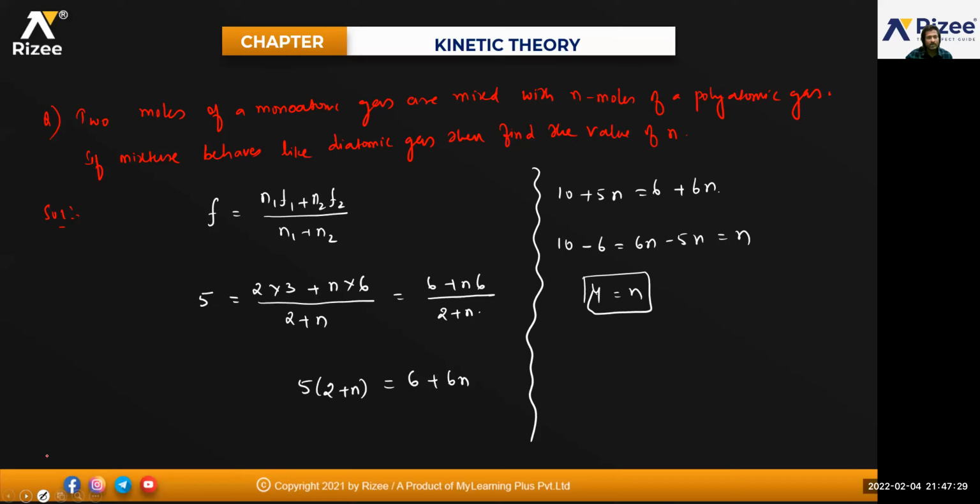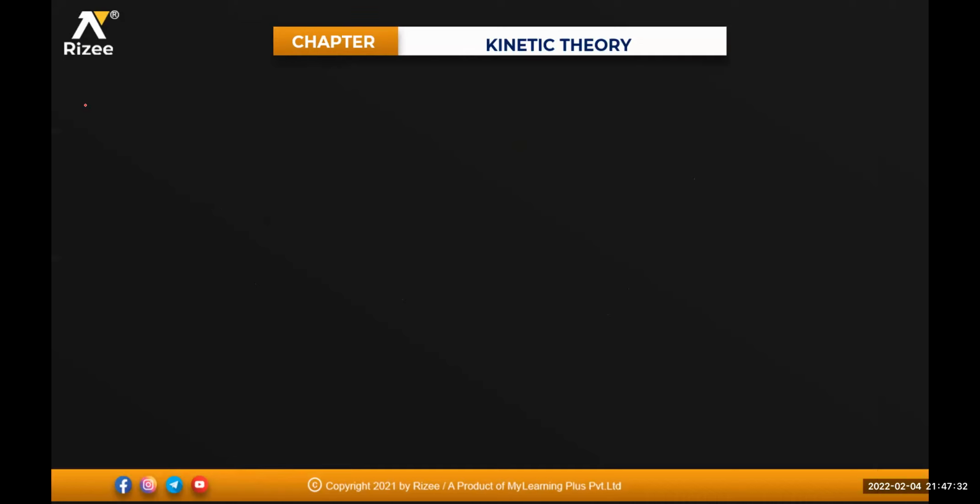Next one, an important question, beta. See this question. Two containers of equal volume contain the same gas at pressures P1 and P2 and absolute temperatures T1 and T2 respectively.